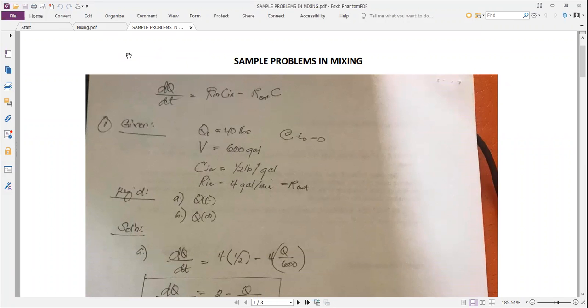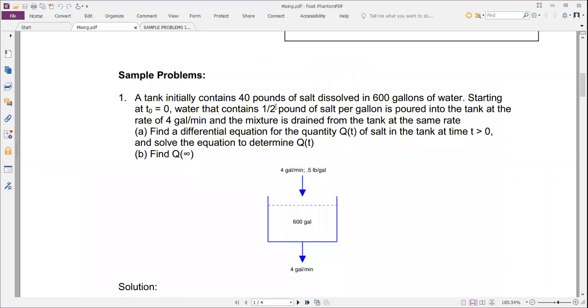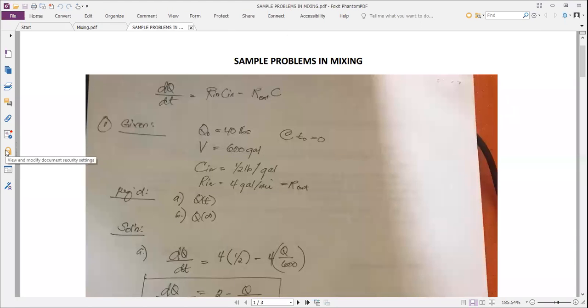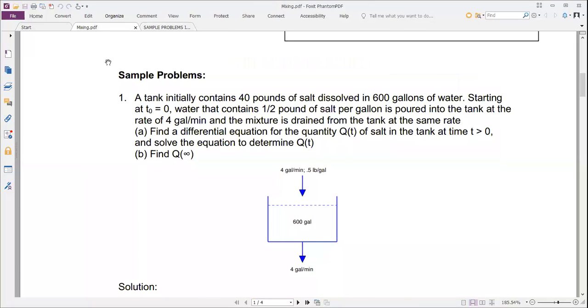That would be my rate of accumulation. So in our problem, the first statement says 40 pounds of salt dissolved in 600 gallons of water. If you're going to write it down, you have Q sub 0, the amount of solid, as 40 pounds, at time T sub 0, or time equal to 0, with the volume equal to 600 gallons. That's coming from that statement. Then, starting at time T sub 0 equal to 0, a solution with this concentration is poured in at this rate.